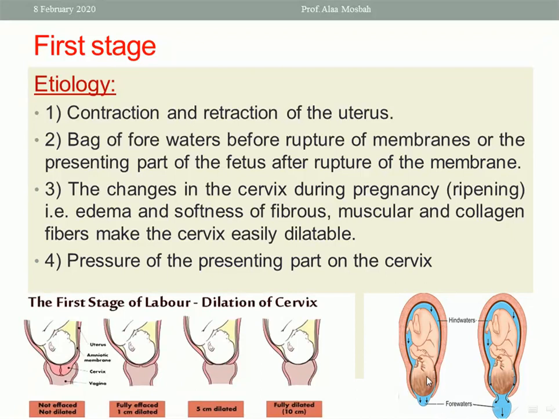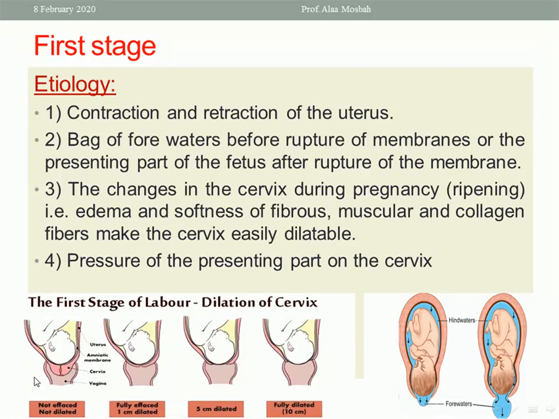The changes in the cervix during pregnancy, what's called ripening: edema and softness of the fibrous and muscular and collagen fibers make the cervix easily dilatable. Number 4, pressure of the presenting part on the cervix. So all these 4 factors are responsible for the first stage of labor.